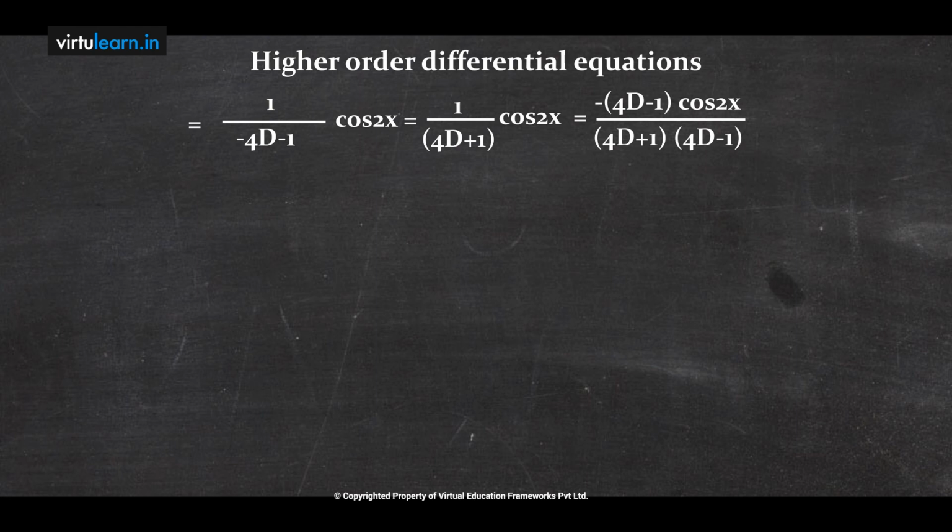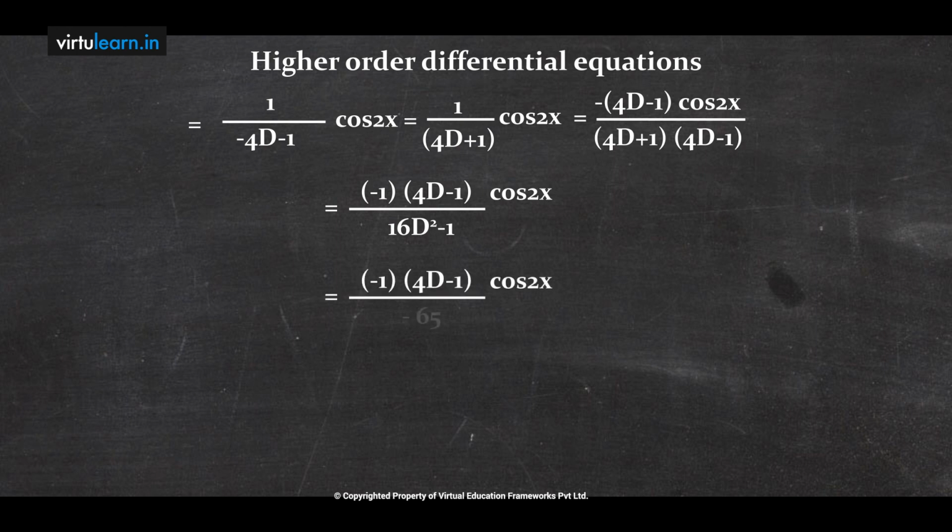Now a plus b into a minus b is a square minus b square, so minus 1 into 4d minus 1 by 16d square minus 1 into cos 2x. Again replace d square by minus 4: 16 into minus 4 is minus 64, minus 1 is minus 65. Then 4d minus 1 into cos 2x, the minuses cancel, giving 1 by 65 into 4d minus 1 into cos 2x.